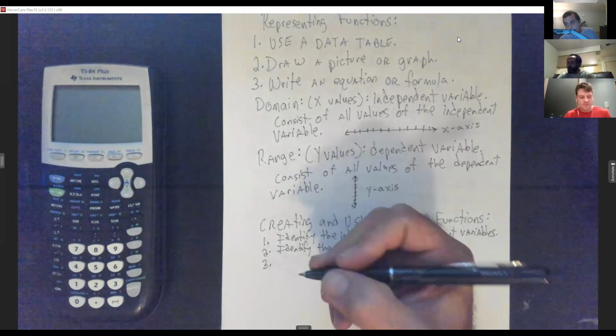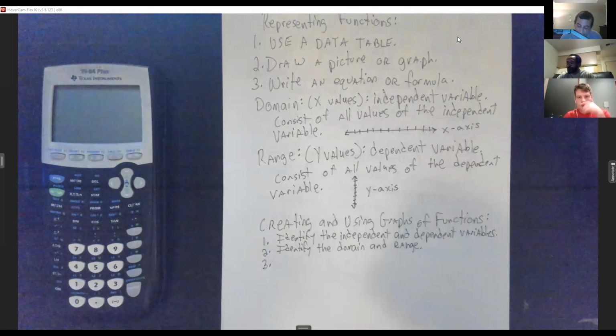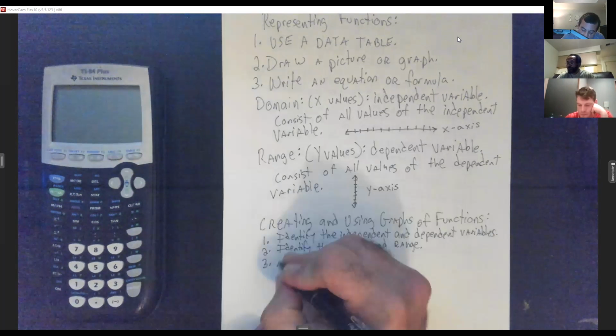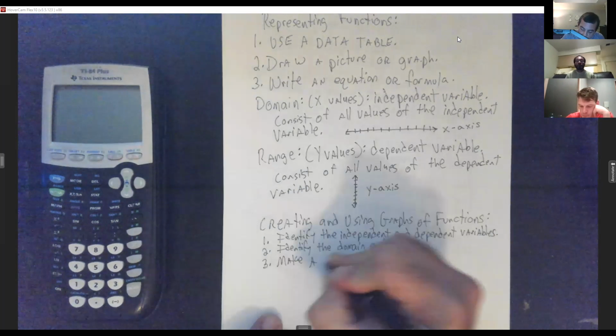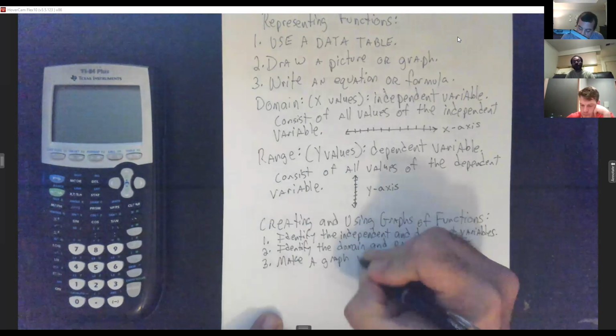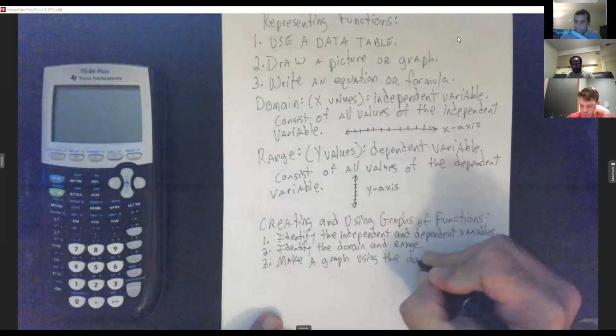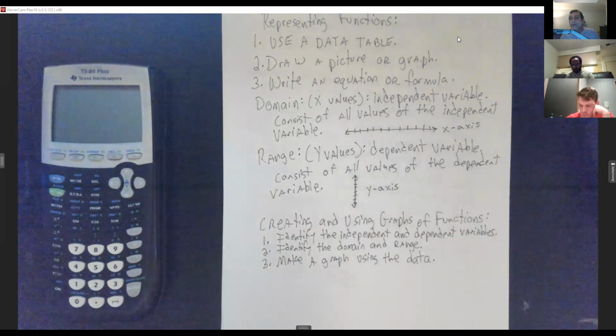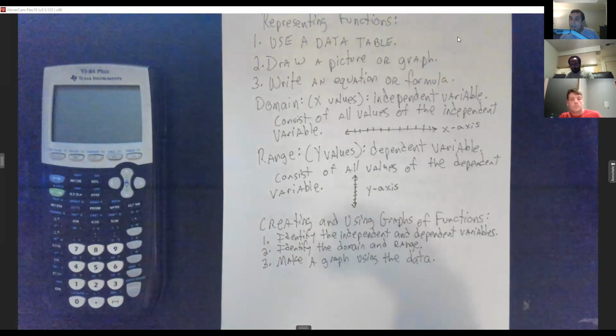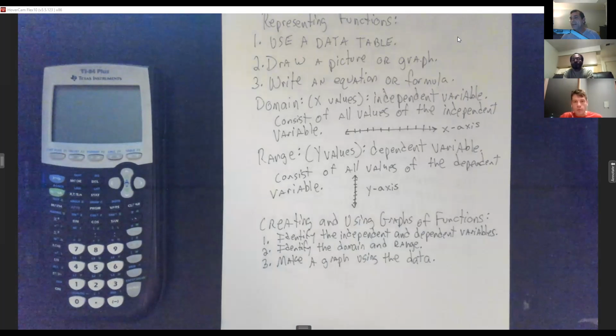The next thing we're going to do, we're going to make a graph using that data. So make a graph using the data. You know, like, what if I was looking at how heavy a car was and its gas mileage? You know, the heavier the car, then you're thinking maybe the gas mileage will be lower because it's a lot more mass to pull and stuff, okay?